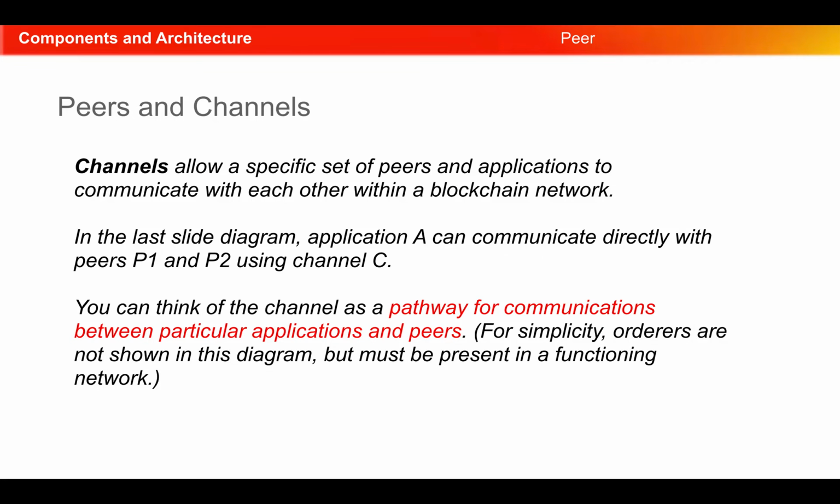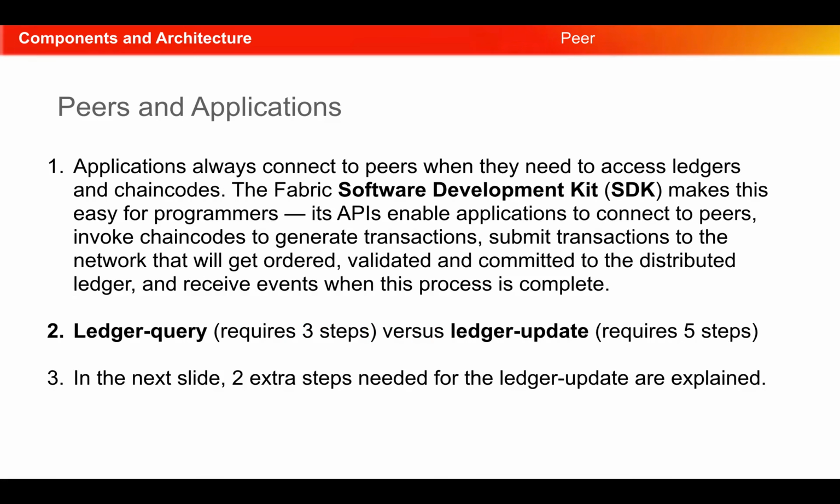This is the explanation of the previous slide: peers and applications. As we have seen, applications are used to connect to peers in the previous diagram. Let us see the definition. Applications always connect to peers when they need to access ledgers and chain code. The Fabric Software Development Kit, or SDK, makes this easy for the programmer.